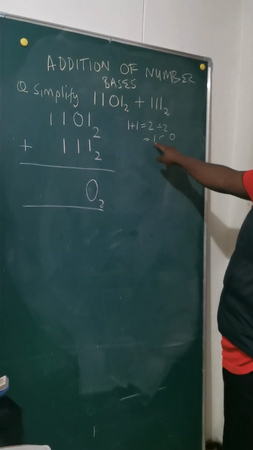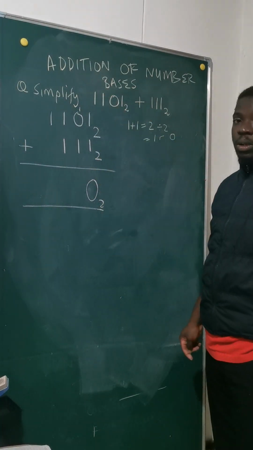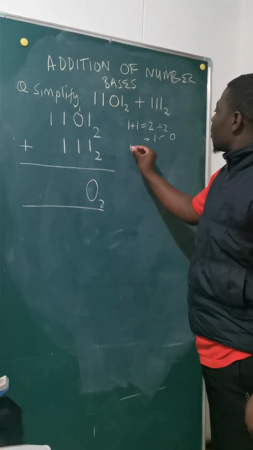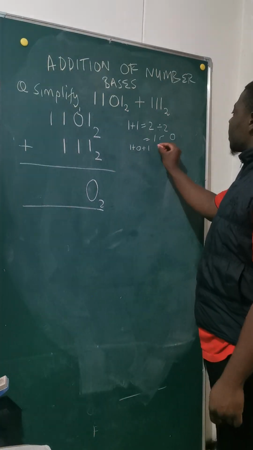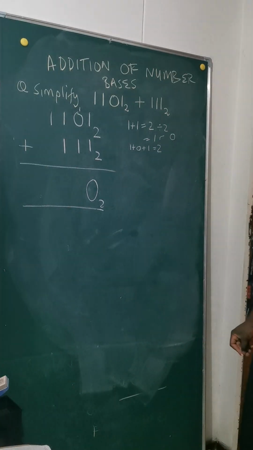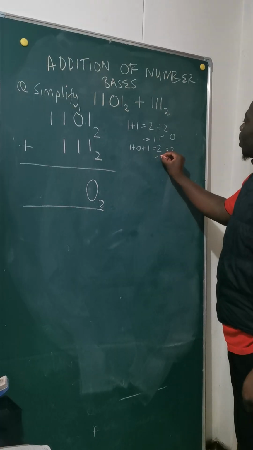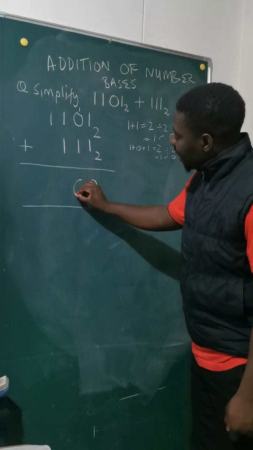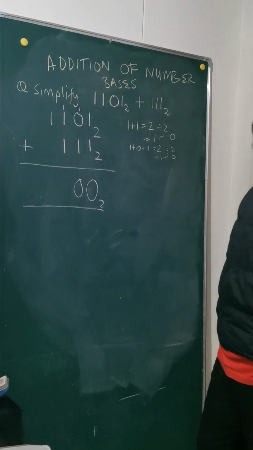We carry this 1, so we write 1 on top. So now we say 1 plus 0 plus 1. Our answer is 2, right? Then we say divided by 2, it's equal to 1, remainder 0. We write the remainder here. The remainder is 0. We carry 1.